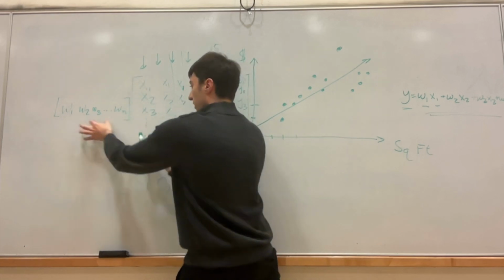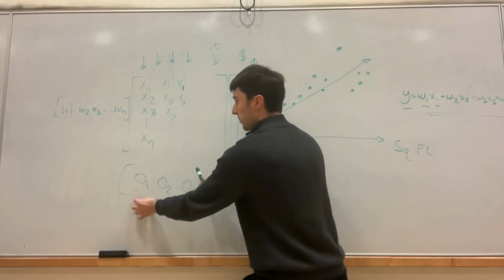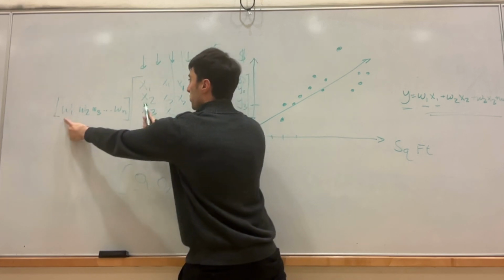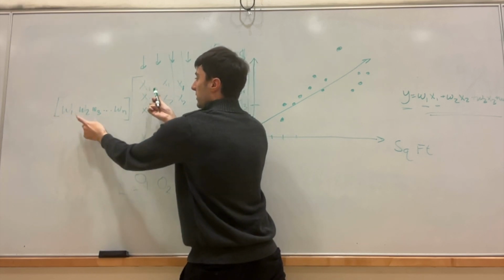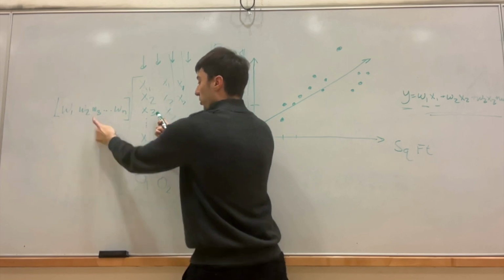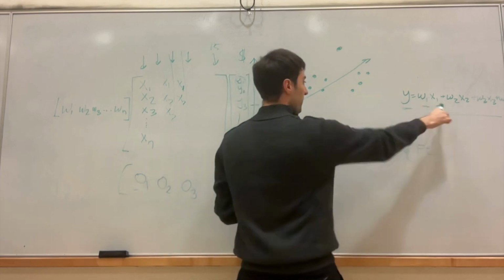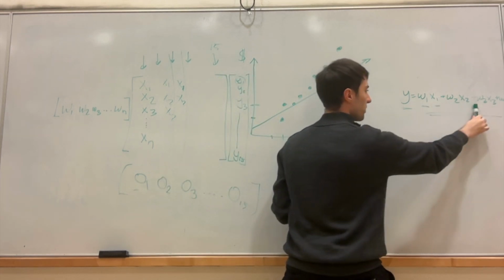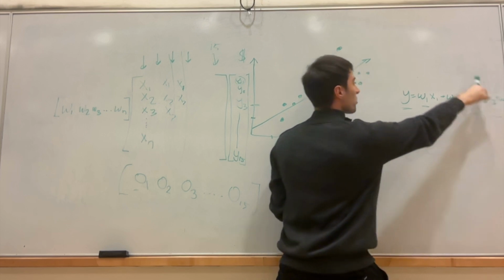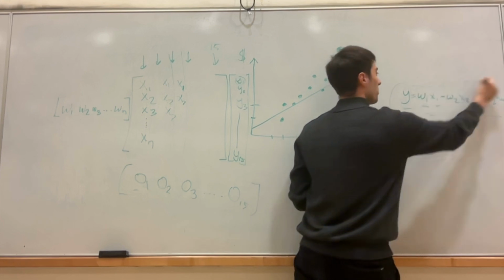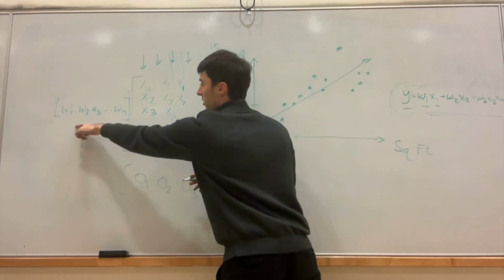So here, this multiplied by this, plus this multiplied by this, plus this multiplied by this, will result in some output, just like we did here. This multiplied by this, plus this multiplied by this, plus this multiplied by this, will create some output. And this is our model right here, and we can adjust those.